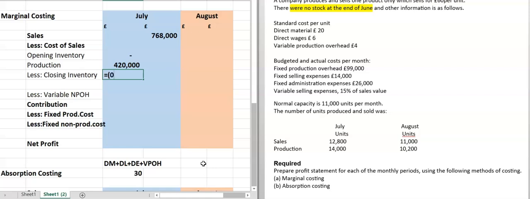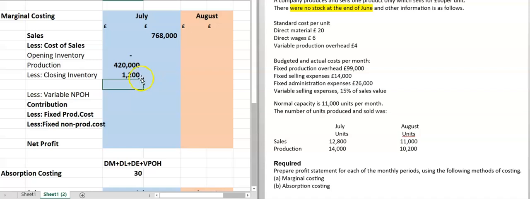So let me start with the opening stock. Opening stock is 0 plus production. You have produced 14,000 units. Out of that you have sold 12,800 units, so you minus the sold ones.